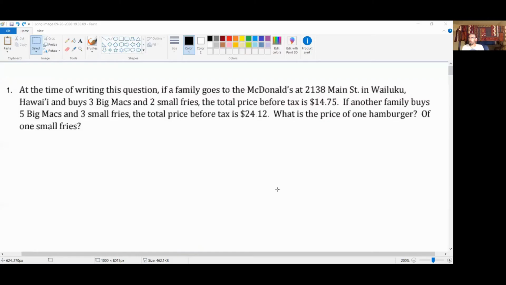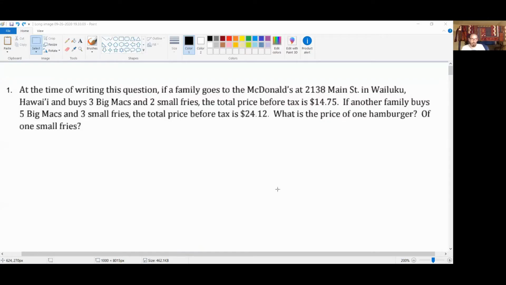Now it's time to put to use what we've been learning about solving 2 by 2 and 3 by 3 systems of linear equations by solving some application problems. So here we go.